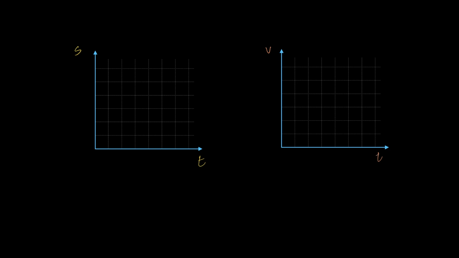I think velocity is easy. You start at a very high positive value, ending up going to 0. Acceleration is constant, so you just try to connect these two points together.